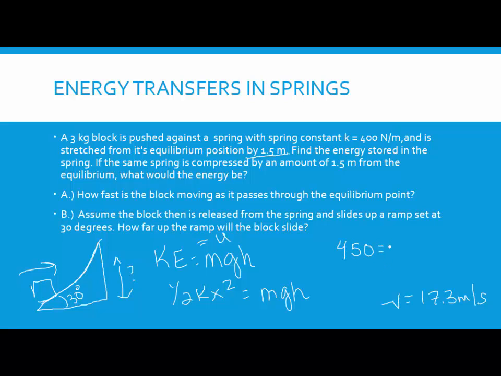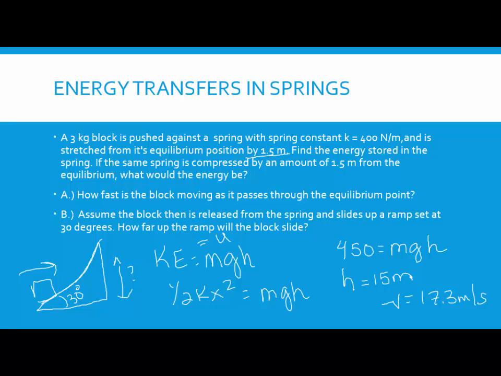So 450 is going to be equal to mgh. So divide that by mg. We end up with an h of 15 meters.